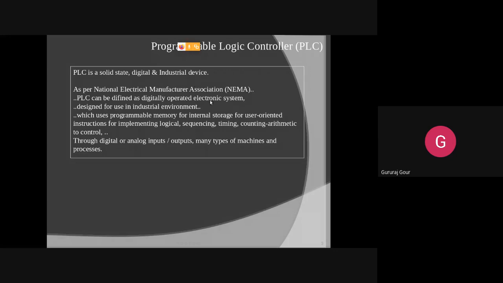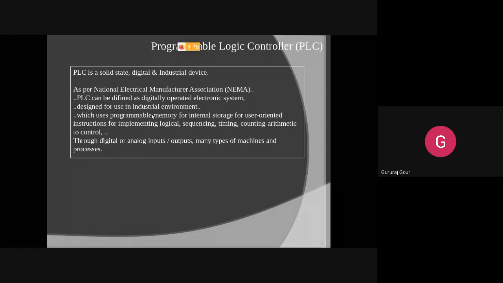It is a digitally operated electronic system designed for use in industrial environment. This is very important. Specifically, it is designed for use in industrial environment, where very harsh conditions will be there, which uses programmable memory.